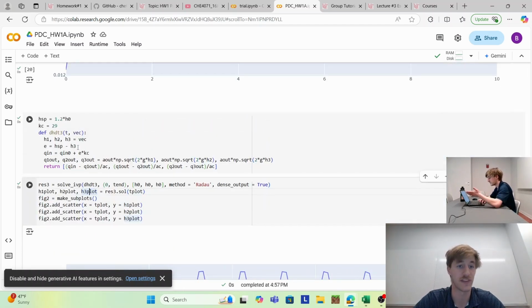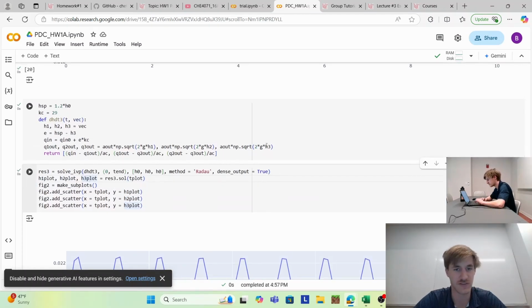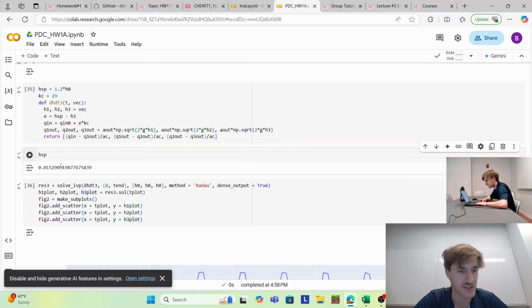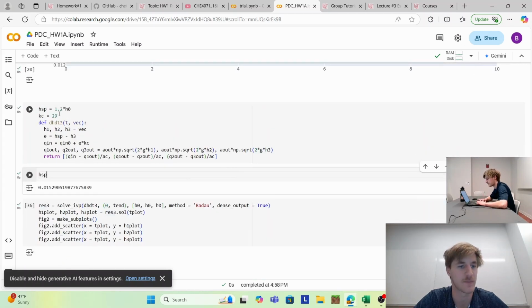So with this controller setup, you just get this back and forth all the way. But what's interesting is actually checking if this is the set point we want. So our set point is 0.015, and this green, yeah, it just oscillates around that point, which makes sense.